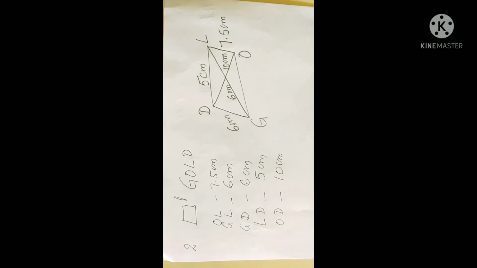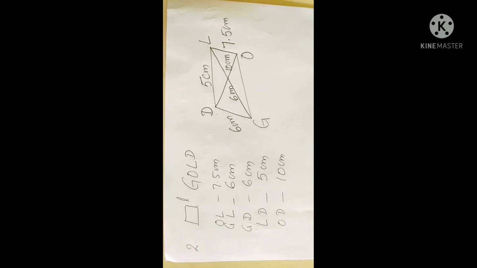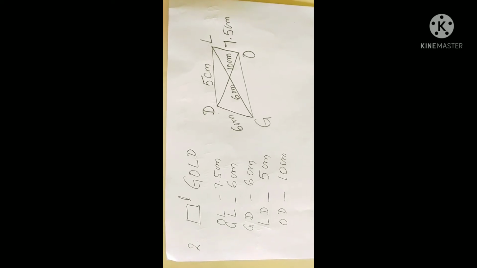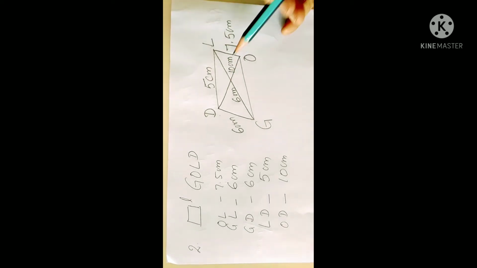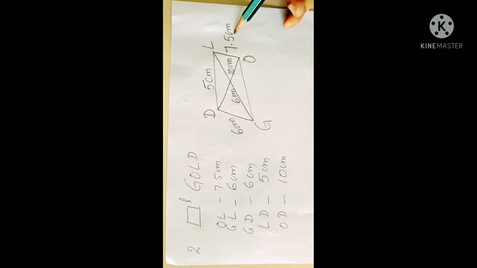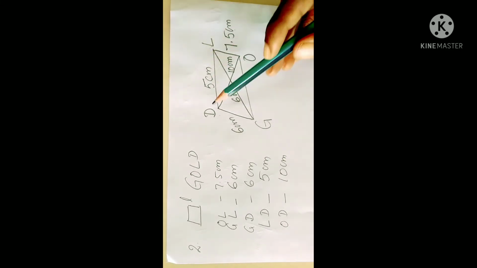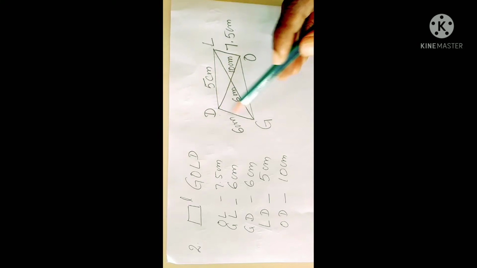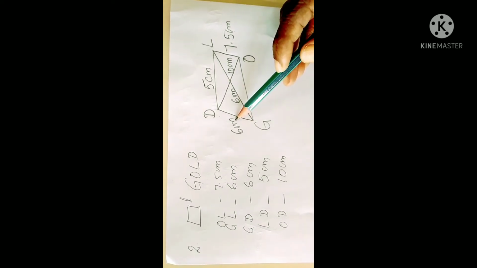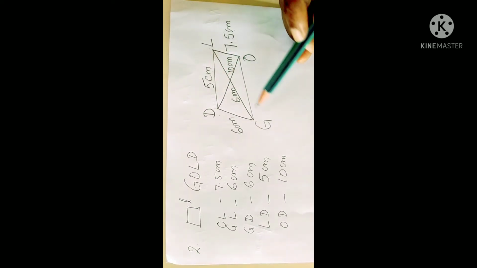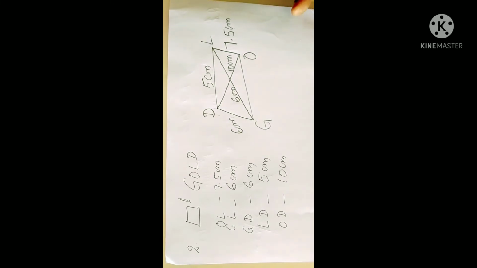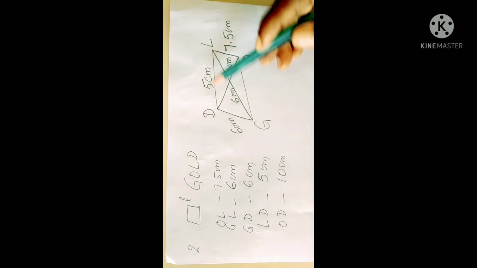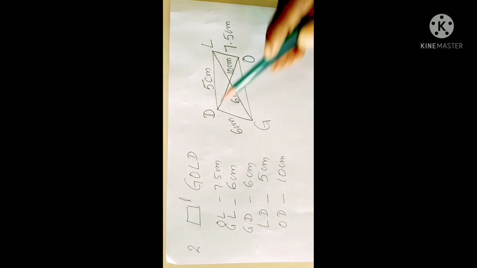Now, let us see question number 2. Construct a quadrilateral GOLD, with the measures OL 7.5 centimeter, LD 5 centimeter, DG 6 centimeter, DG or GD both are same, LD 5 centimeter and OD is 10 centimeter.